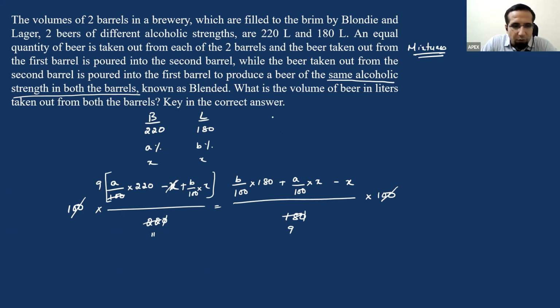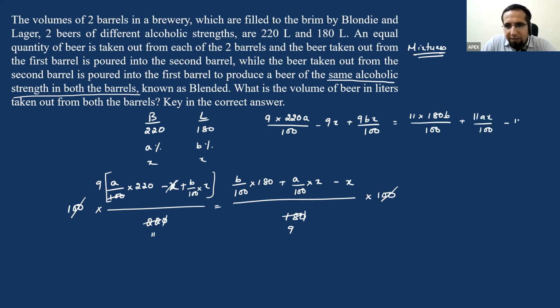So 9 into this part will give you what? 9 into 220a by 100 minus 9x plus 9bx divided by 100, which is equal to 11 into 180b by 100. Clear, guys? Plus 11ax by 100 minus 11x. So I hope this part is pretty clear.